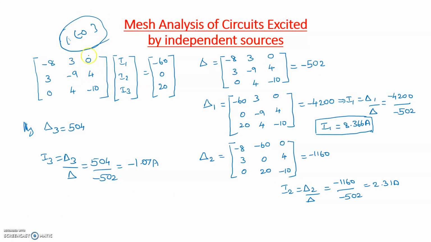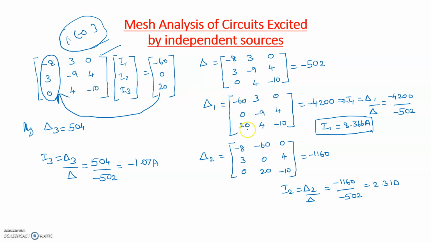Once we have formed the matrix, we have to calculate the value of del, that is the determinant of this matrix. The determinant of this matrix is minus 502. Then we have to calculate the del 1 value. How to calculate del 1? For calculating del 1, the first column must be replaced with this value.